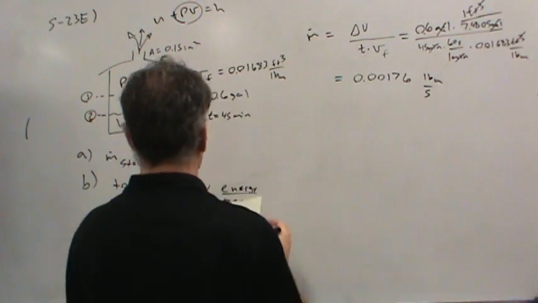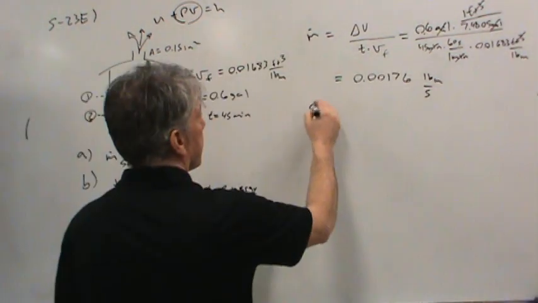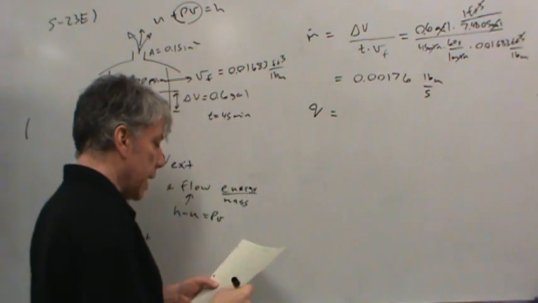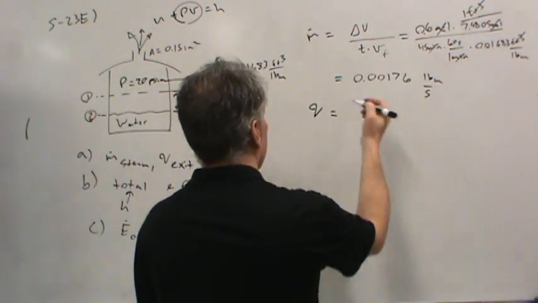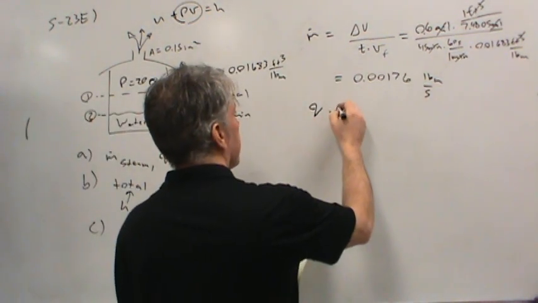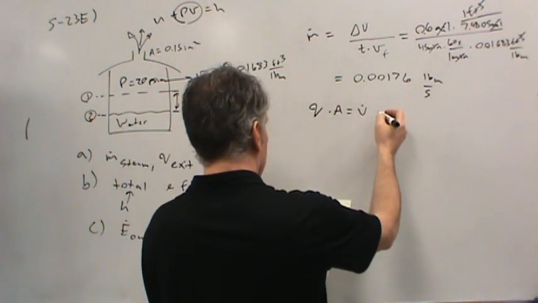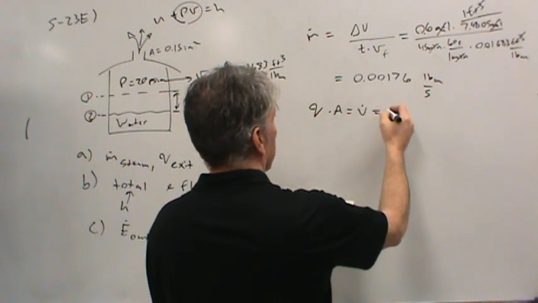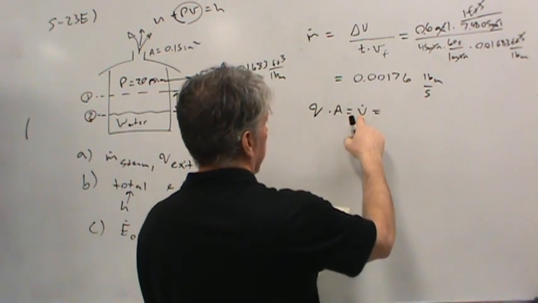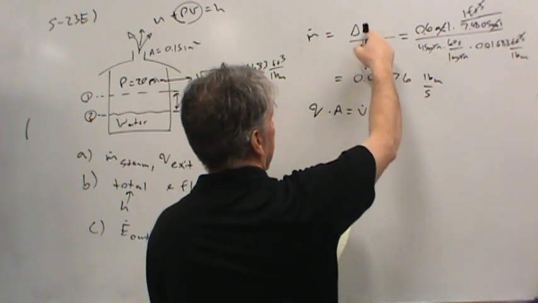How will we find then the velocity at the exit? Well, that's pretty easy. We can relate velocity to area as follows. The velocity times area equals the volume flow rate, but we have to be careful here. This volume flow rate is not that volume flow rate, right?